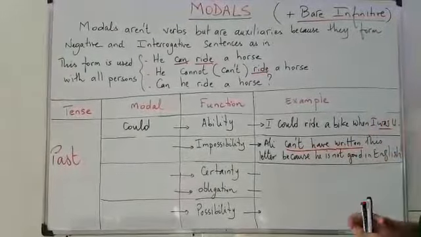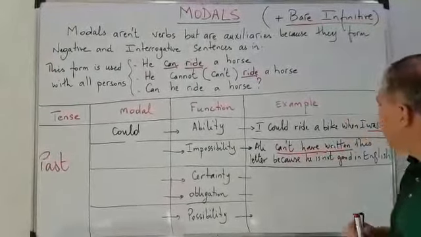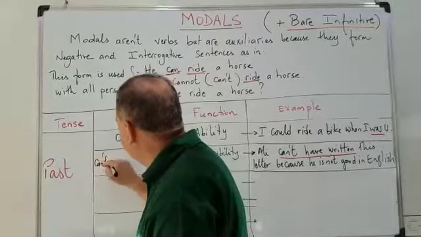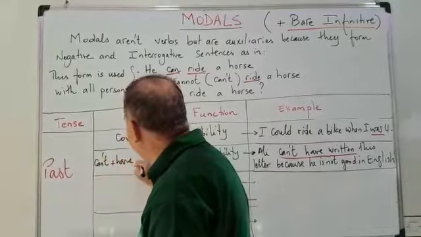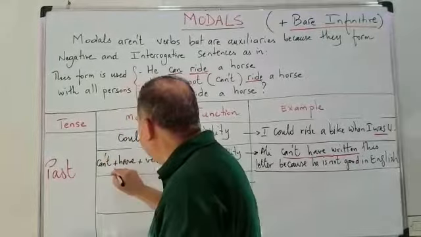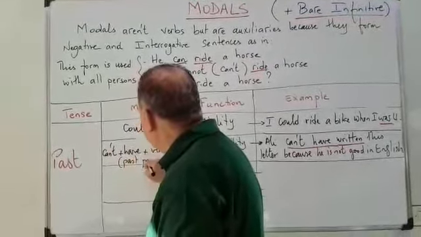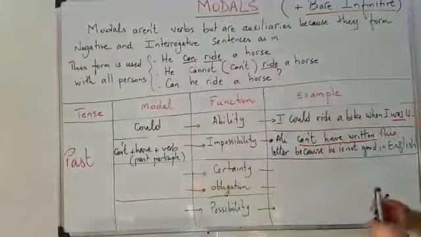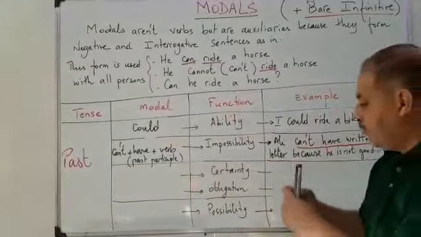The rule is can't plus have plus verb in past participle. So this is impossibility in the past.